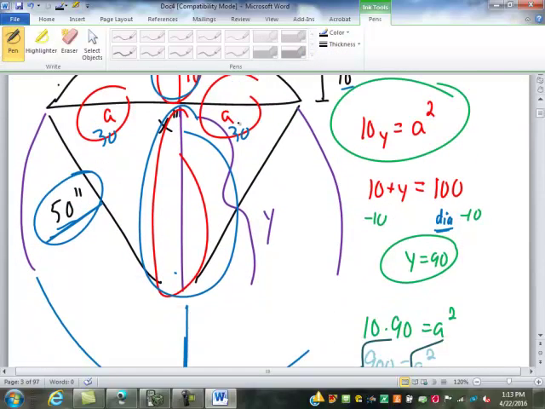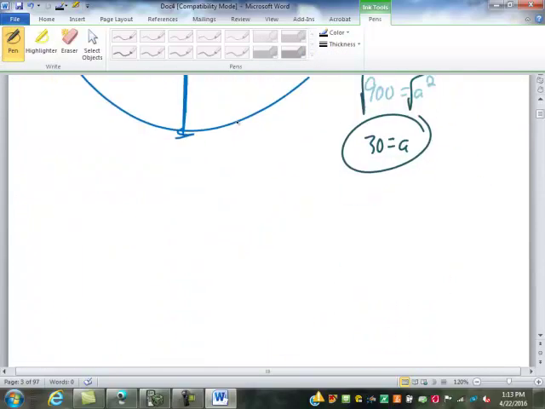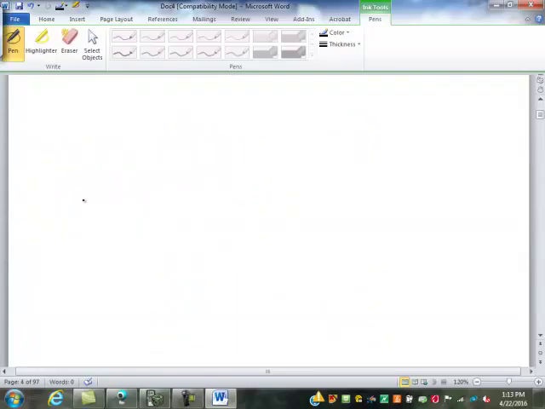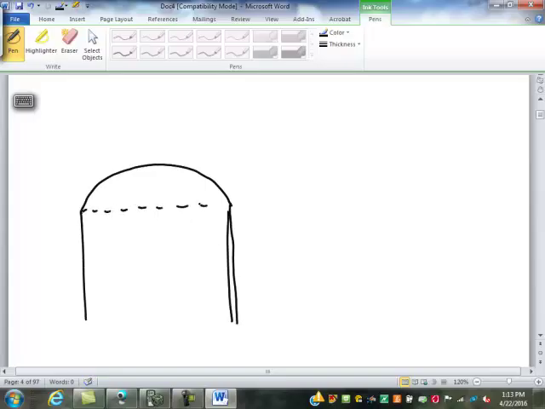In that case, I leave you with this problem for the first hour. No, this is not half a circle.